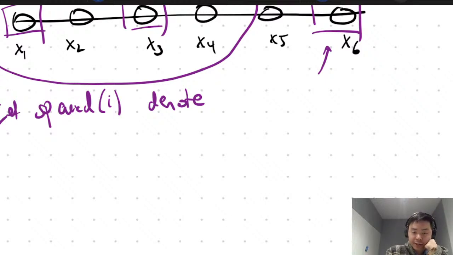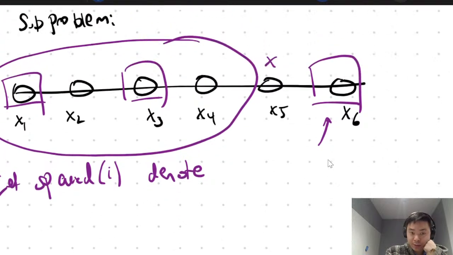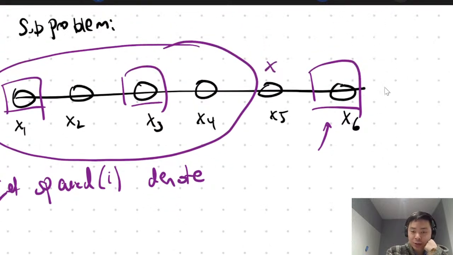So if I define space of I in terms of this parameter I, what would that parameter I be? Remember, if I look at this example here and I chose x6, then it boils down to the same problem of computing the space subset of this set here.